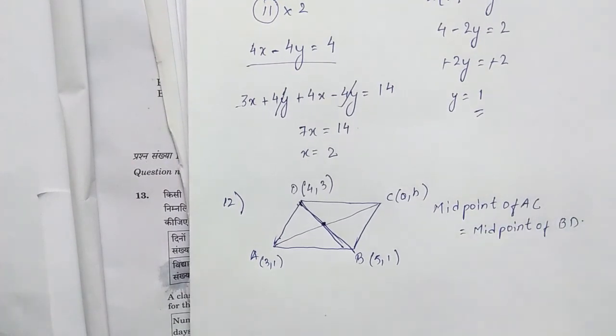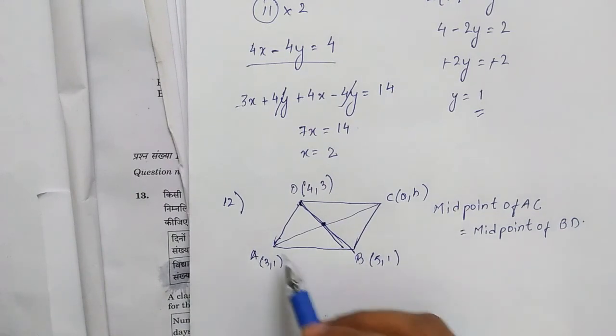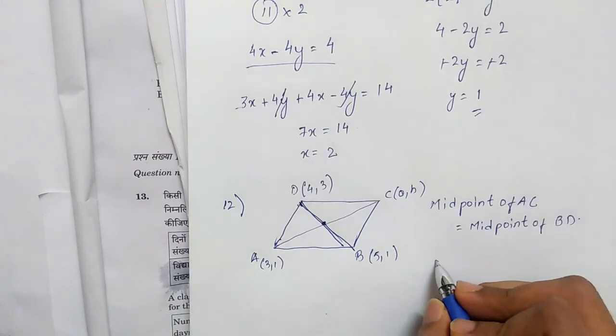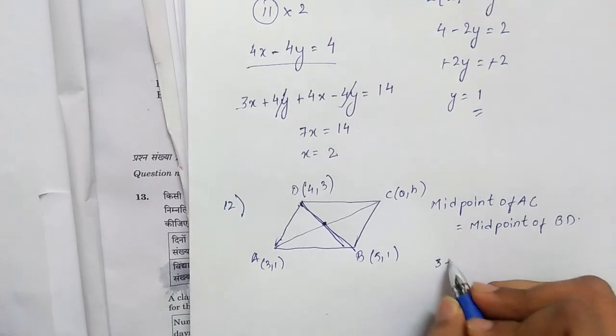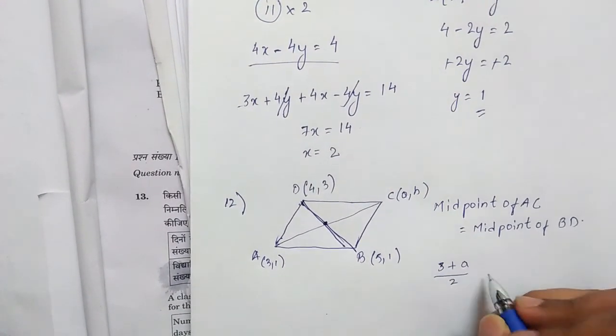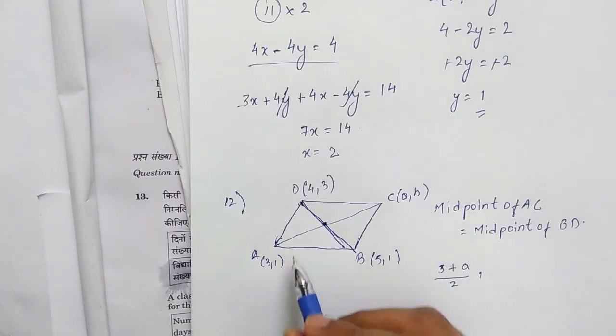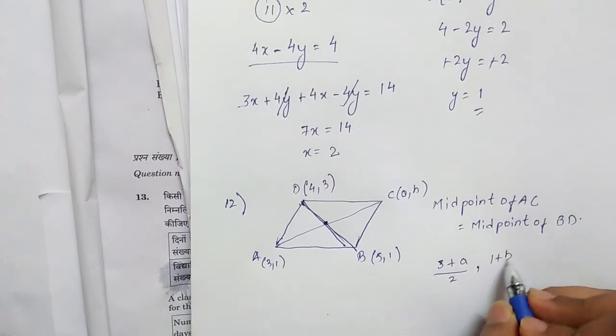So the x coordinate as well as the y coordinate of the AC midpoint and BD midpoint will be the same. The midpoint of AC will be, the x coordinate, (3 plus a) by 2 and the y coordinate will be (1 plus b) by 2.